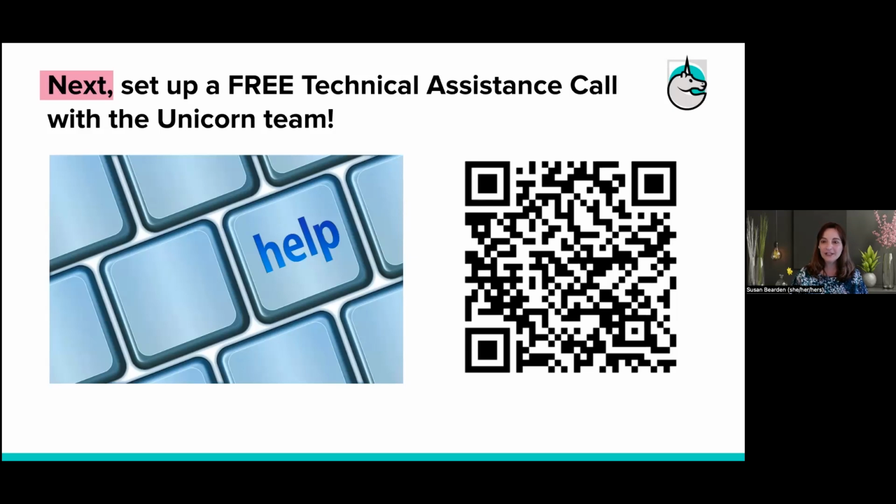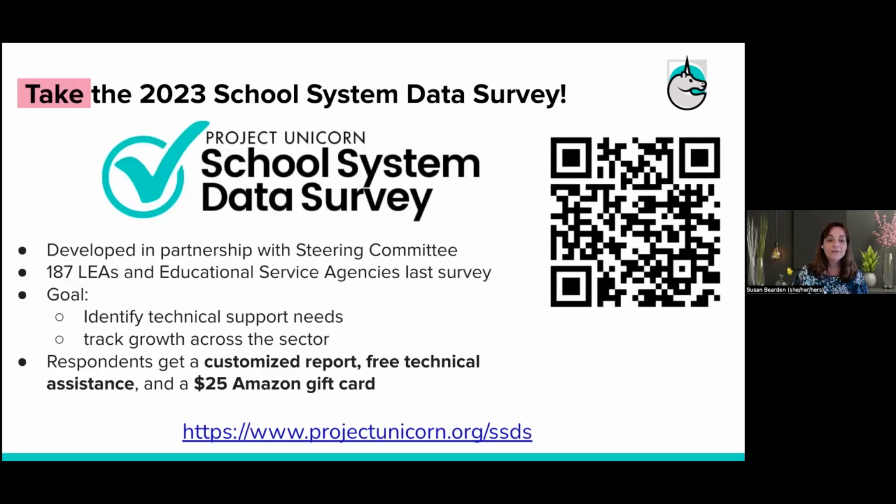And again, all of our technical assistance is free. So please feel free to set up an appointment with us. One of the things we enjoy most is speaking with both school systems and vendors on how we can support your data interoperability journey.